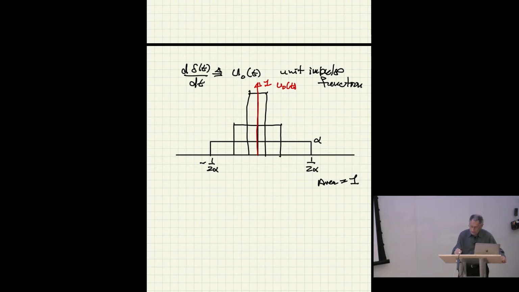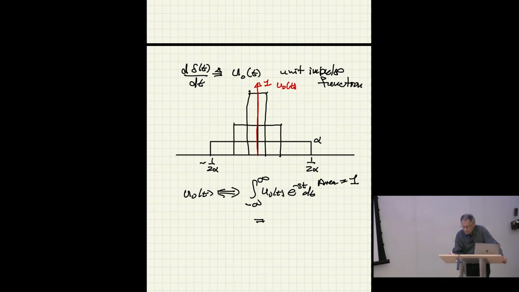Now it turns out that u0 of t has a Laplace transform. And what is that? It's the integral from minus infinity to infinity of the function u0 of t e to the minus st dt. And pray tell, what is that? It only has value when t is 0, right?